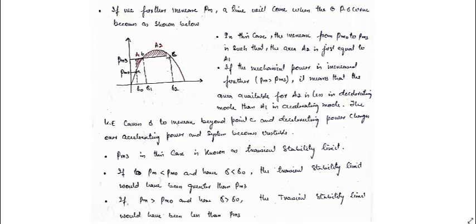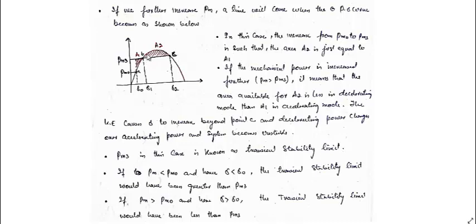But at that point, the speed of the rotor is still greater than the synchronous speed, so it will continue to accelerate after that point. This decelerating power is less than this accelerating power. At this point the speed is 1520 rpm.